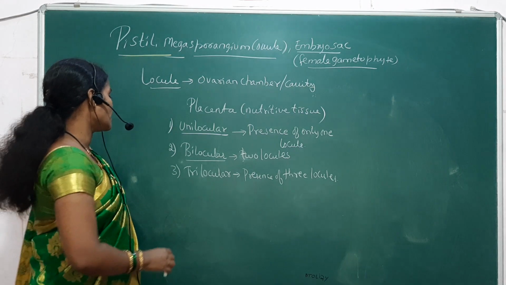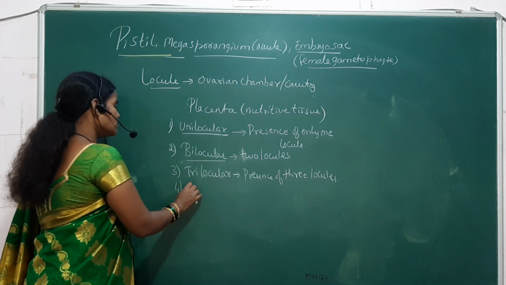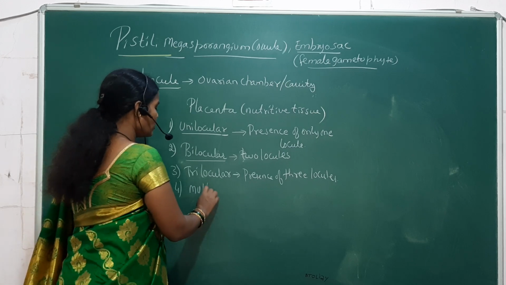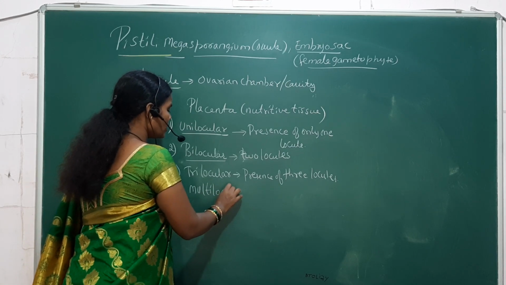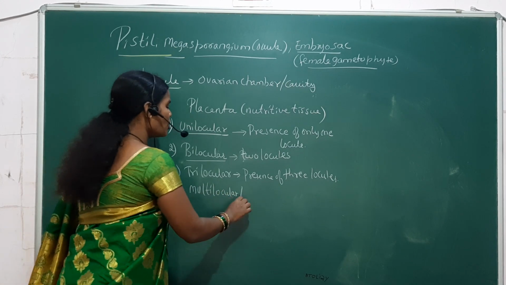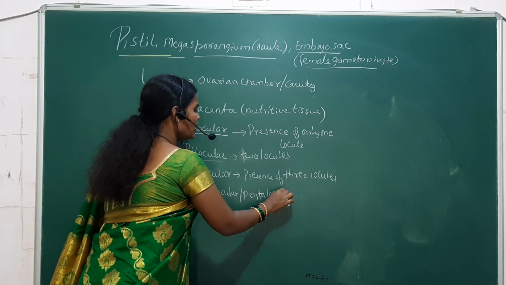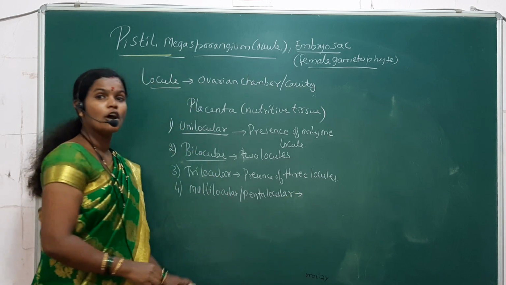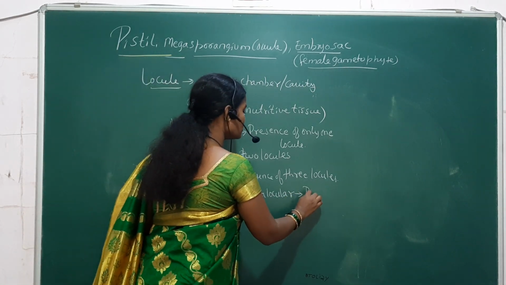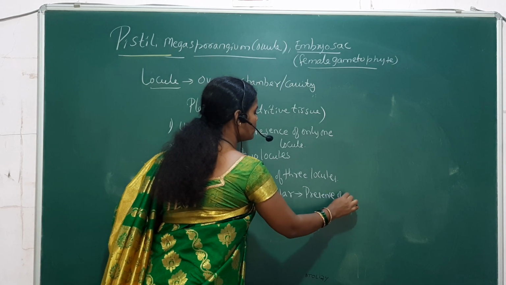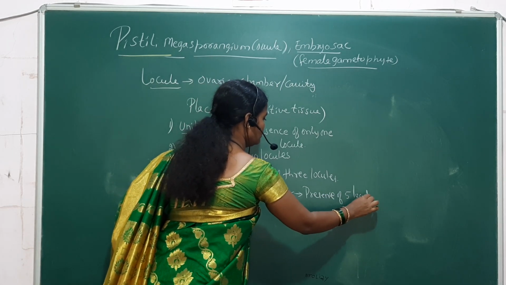Understood students? Then next is multilocular, or you can say pentalocular or polylocular. That is presence of five locules.